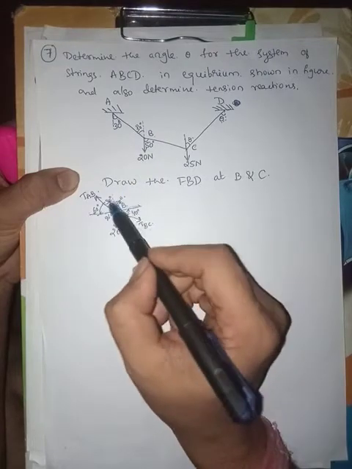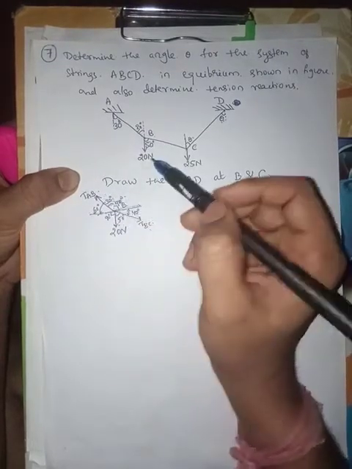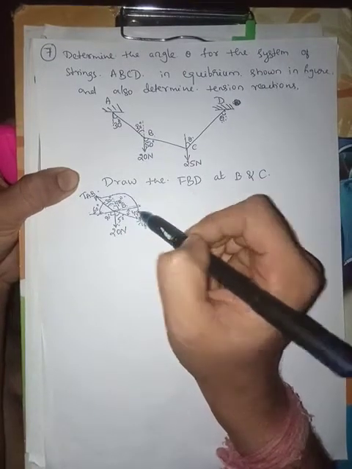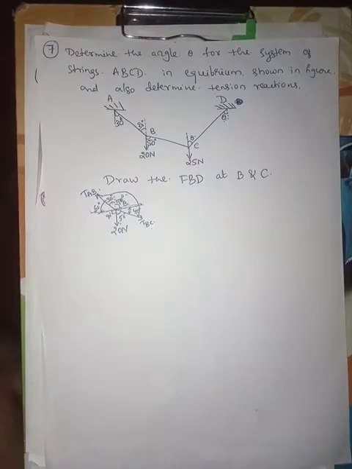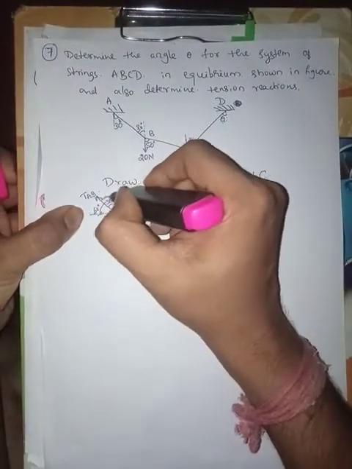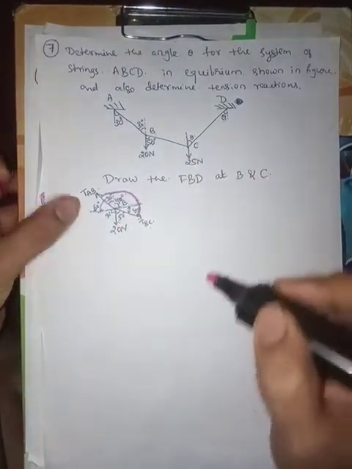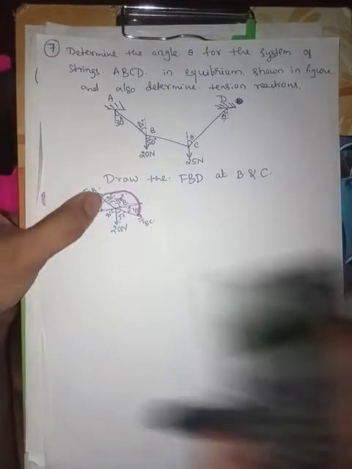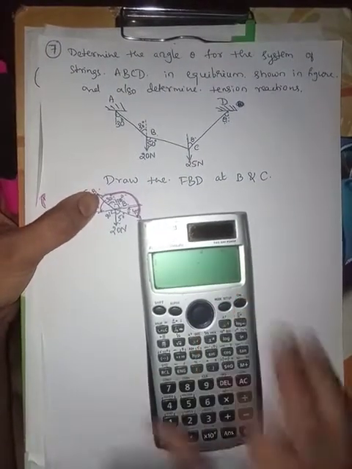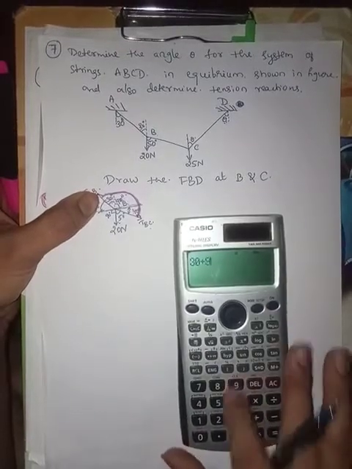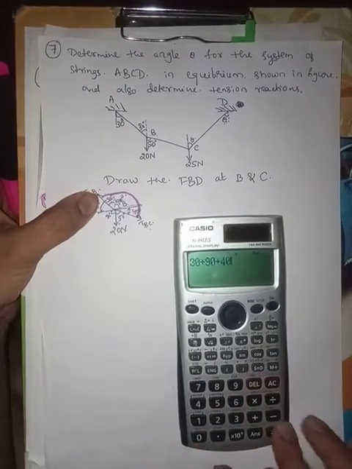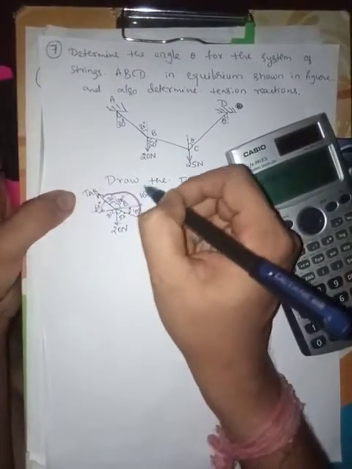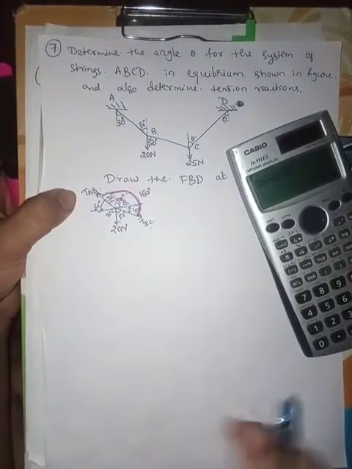So the whole angle between TAB and TBC is 30 plus 90 plus 40, which is 160 degrees.